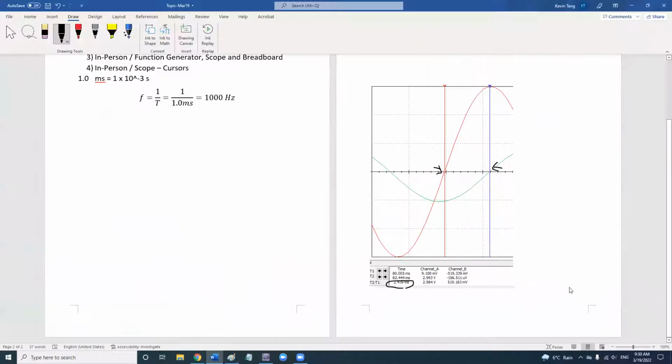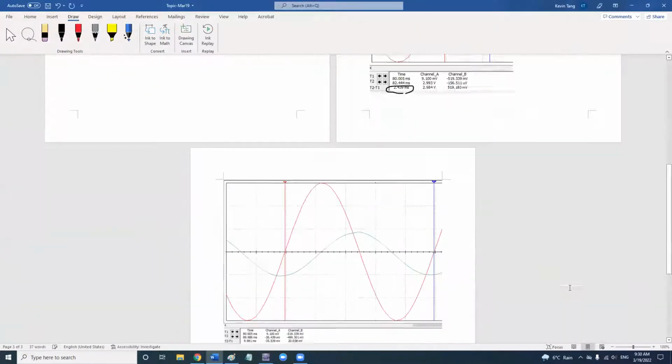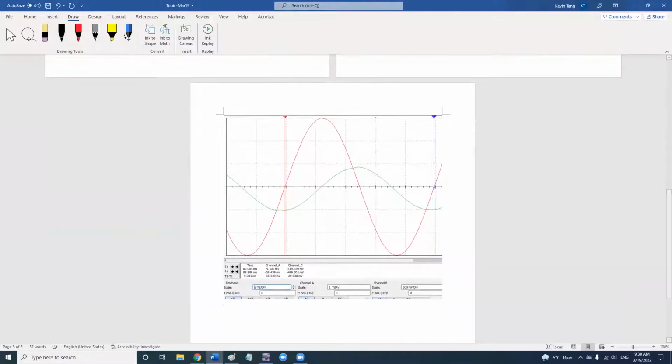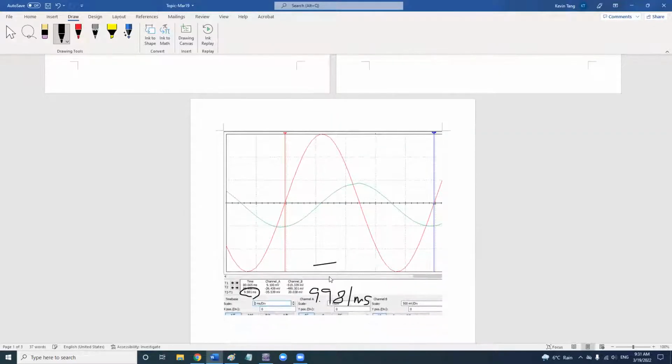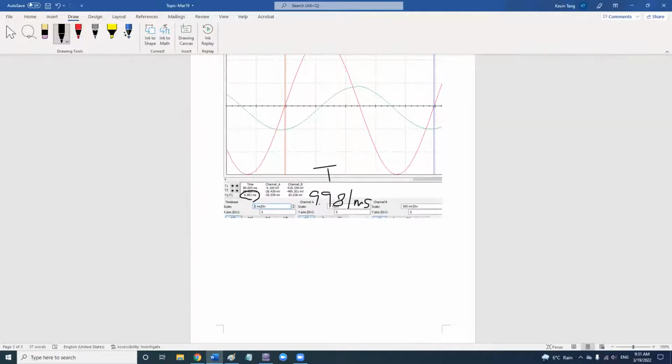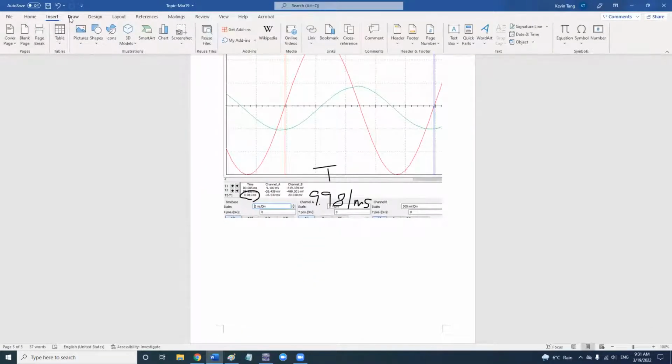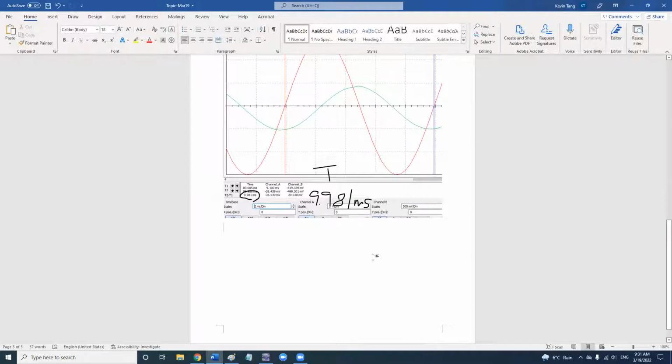All right, so now let's do another one. It's 9.981. So this value here is 9.981 milliseconds. Okay, so this is delta t, and this is T, the period. So what's the phase? Very simple.